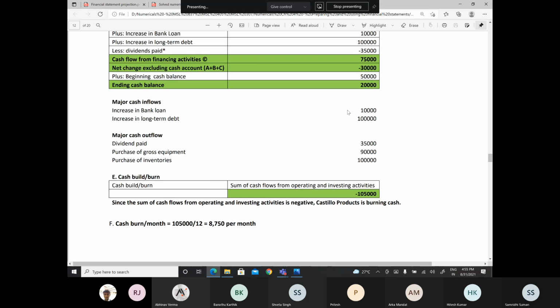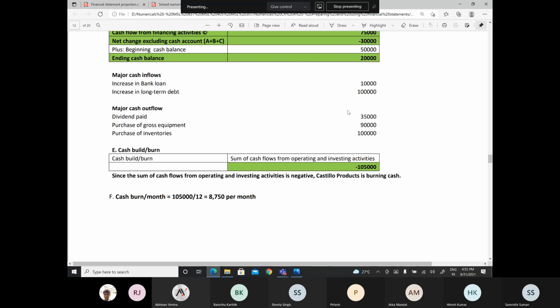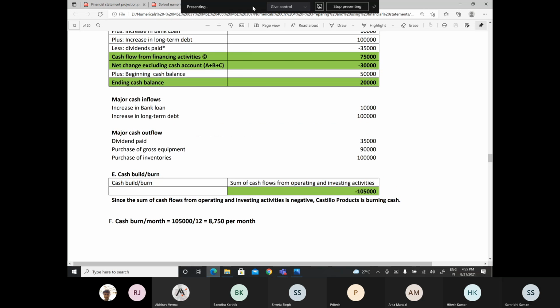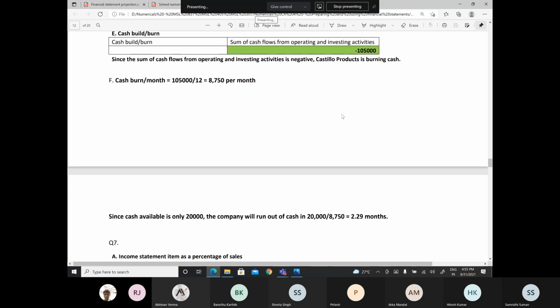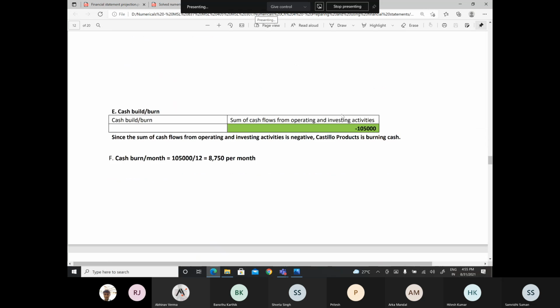And if we have to calculate the burn rate per month, we just divide this by 12. So we get 8,750 per month. Okay. Now it is shown here that we have a beginning cash balance of 50,000. Oh, okay.